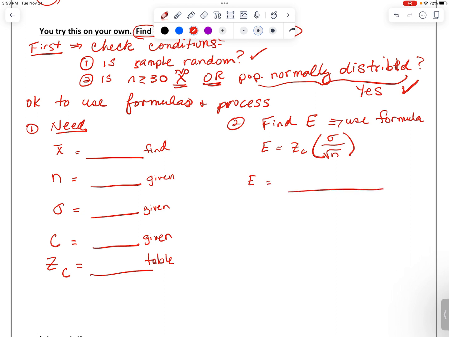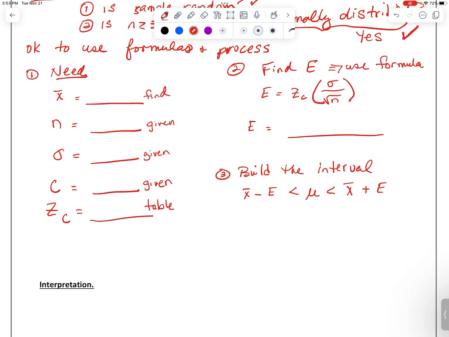So you tell me what E is equal to. And then the third thing we're going to do is build the interval. And remember, you do that by taking your x bar, subtracting your E value, sandwiching your mu in between the x bar, and adding your E value. So finish the interval.